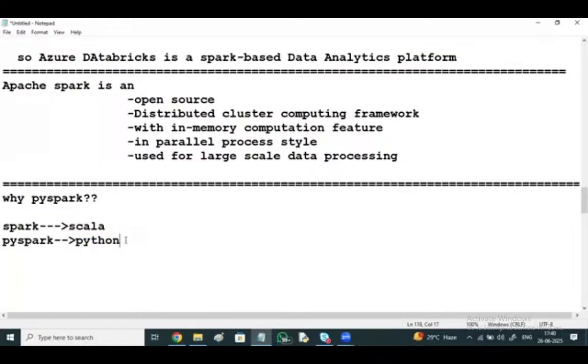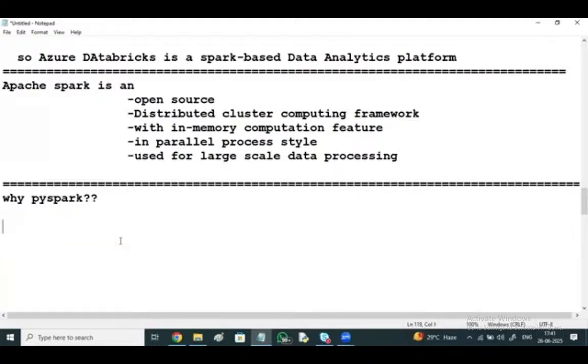Mostly used are Python and Scala. By default, Spark is built using Scala, but these days it is mostly implemented using Python. Previously, in 2016, 17, 18, when Spark was introduced into the industry, Scala was used a lot, but from the last 4 or 5 years, Python implementation, means PySpark, is mostly used. The Spark functionalities remain the same.